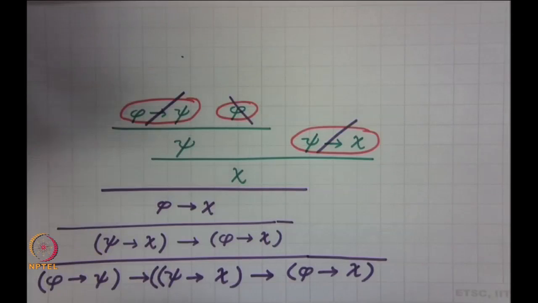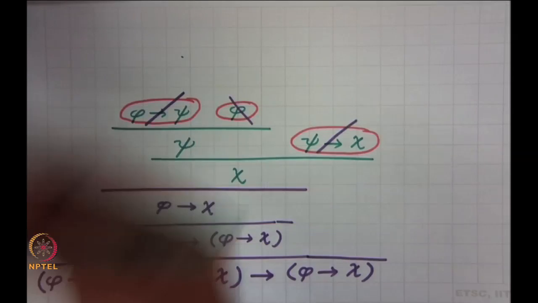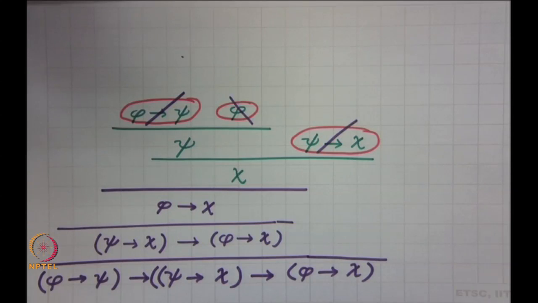So the connection with programming languages and programs in general is merely this: in order to prove this, I am initially making some assumptions. Those assumptions create a new scope.